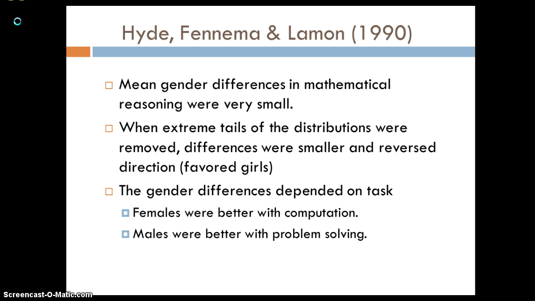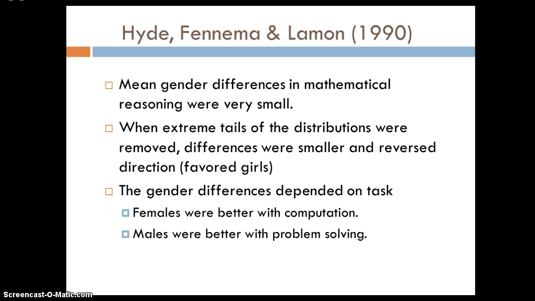Hyde, Fenema, and Lamont found that mean gender differences in mathematical reasoning were very small. And you've probably heard that men and women differ on mathematical ability. However, they were looking at some different things, and what they specifically found is if you got rid of the extreme tails of distributions, the differences were smaller.